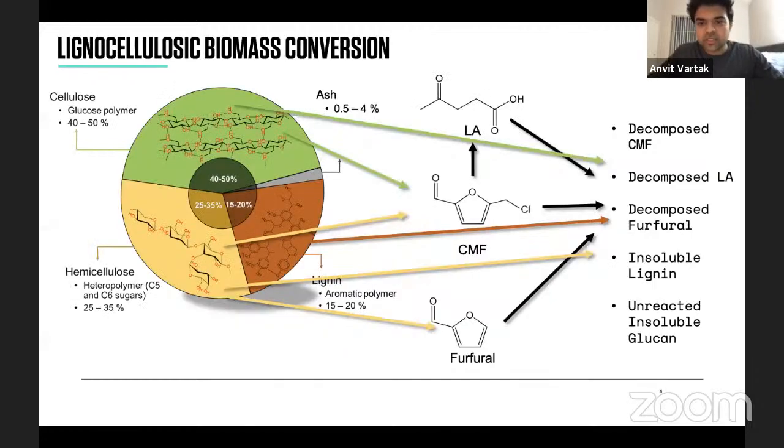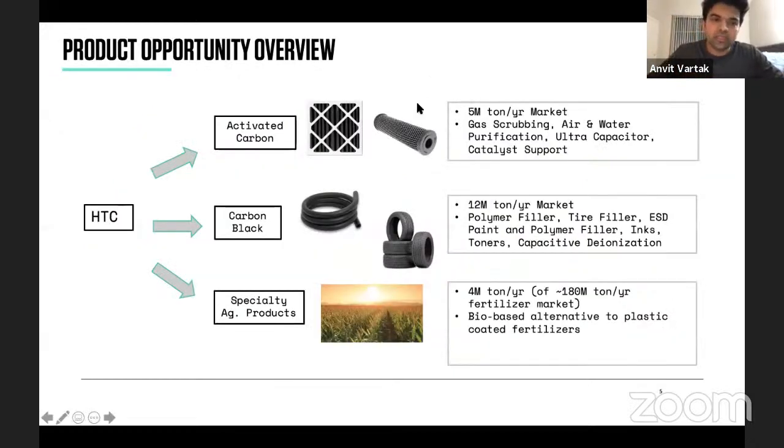And going back to this, since it's a hydrocarbon and you have only carbon, hydrogen and oxygen and a very small quantity of ash, you can treat it at very high temperatures, around 1000 C, 1200 C, to make all these volatiles go off and make it more and more carbon rich, to the point where it gets to either activated carbon, carbon black, or other specialty products for agriculture, which have big markets.